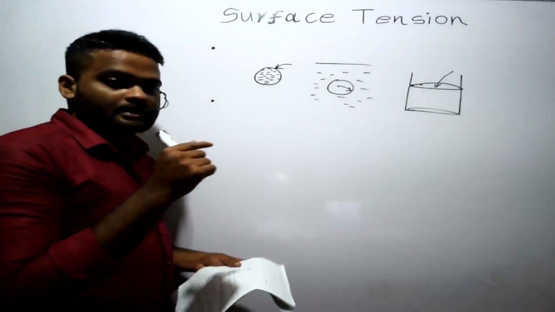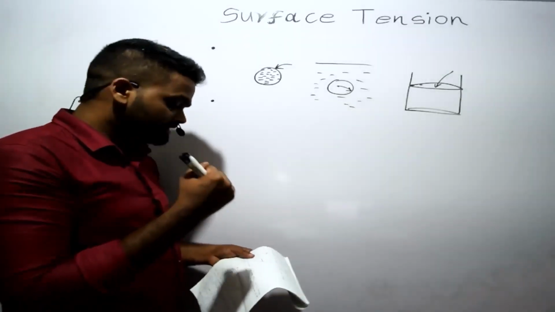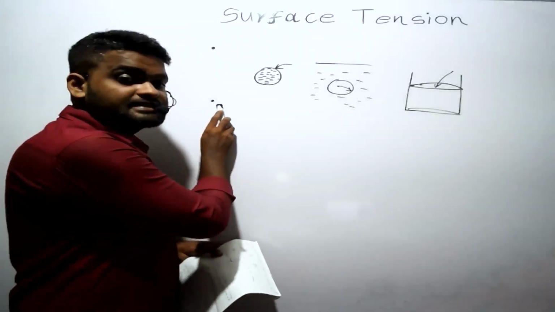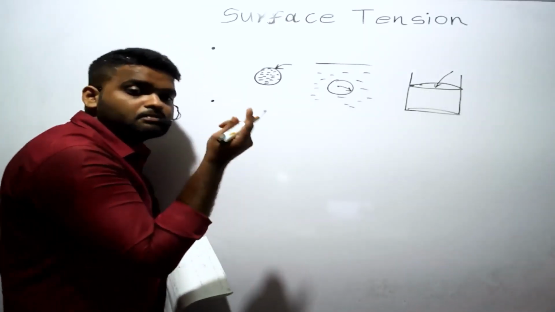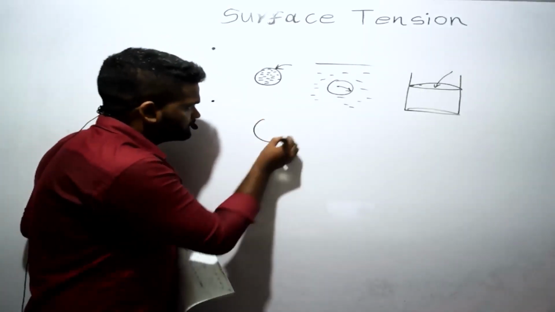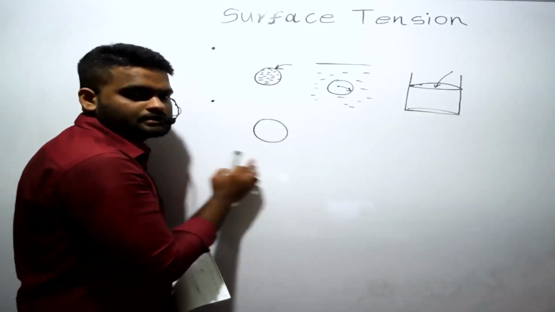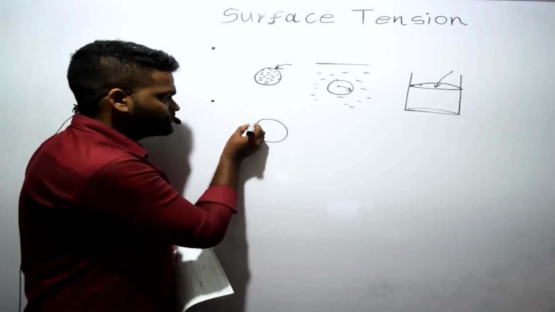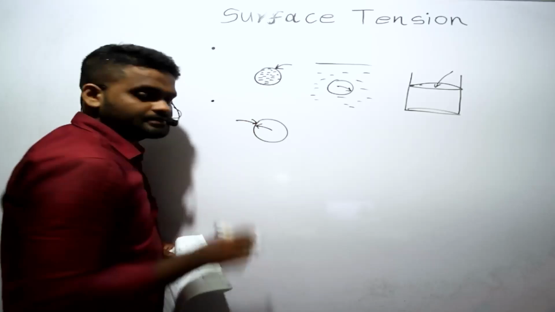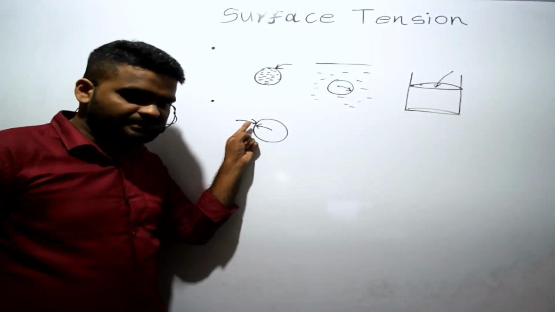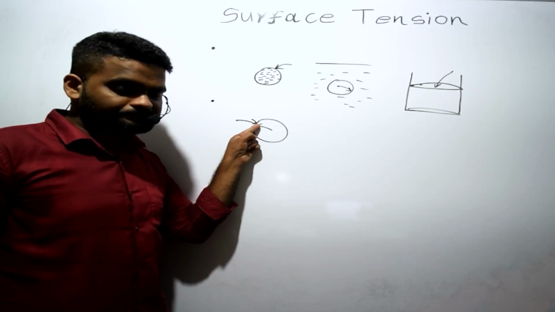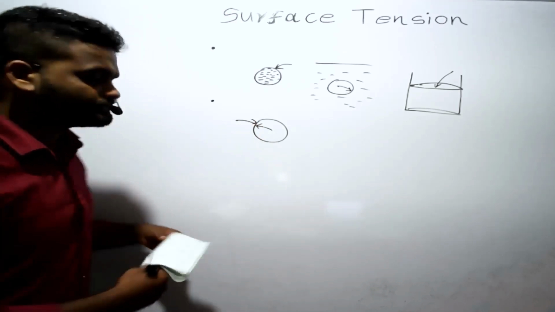Right. So the other one, under the second point, now we are considering a soap bubble. This actually has two free surfaces. One surface is here, another surface is here. Do you understand that?